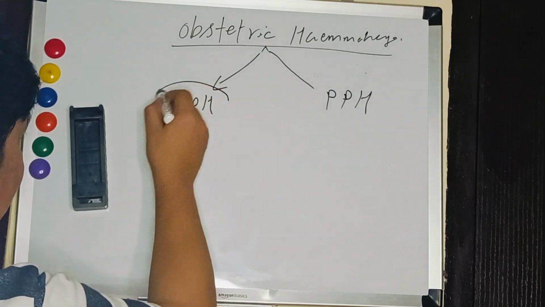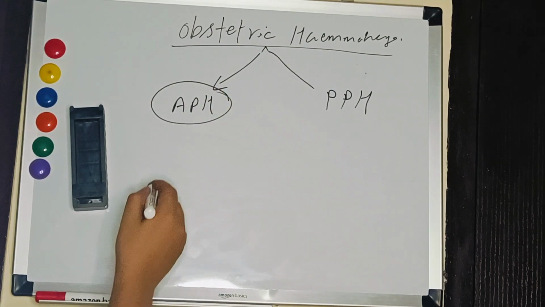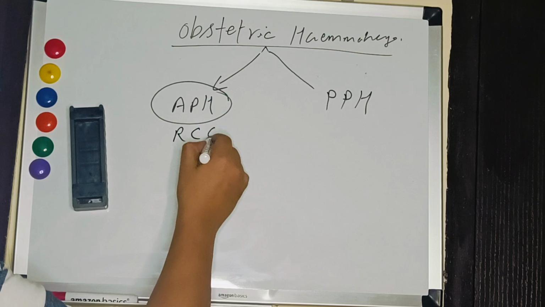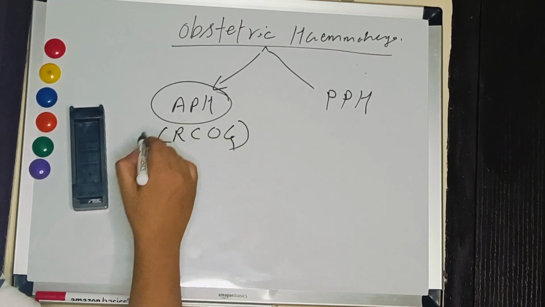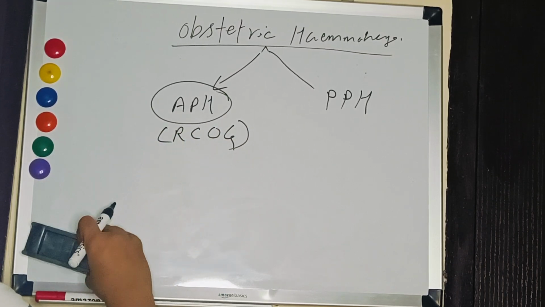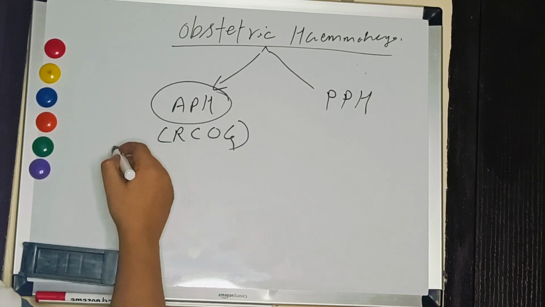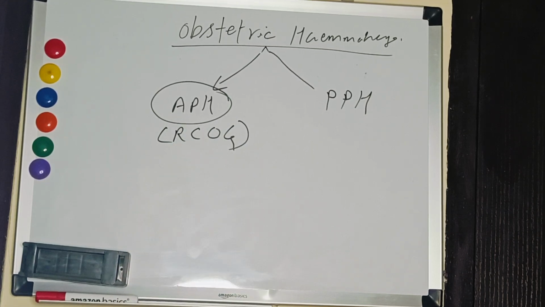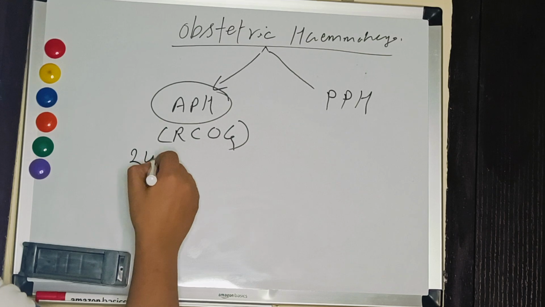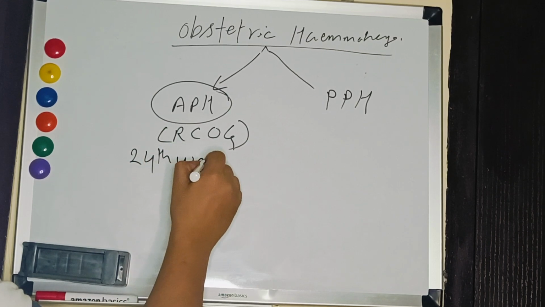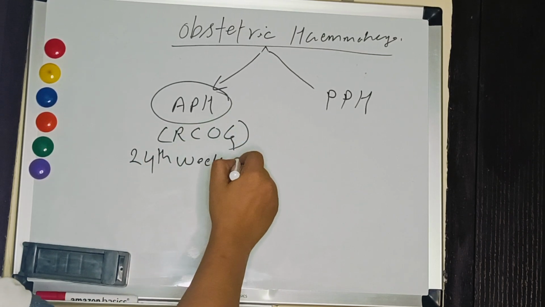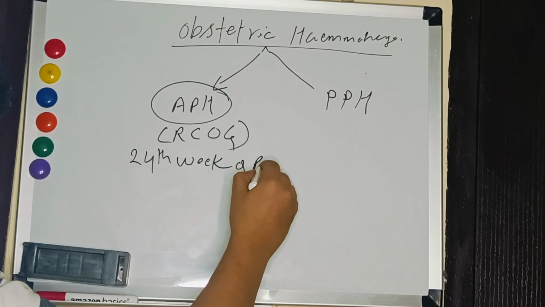First, let's discuss antepartum hemorrhage. According to RCOG, antepartum hemorrhage is defined as bleeding per vagina after the 24th week of gestation, or 24th week of pregnancy.